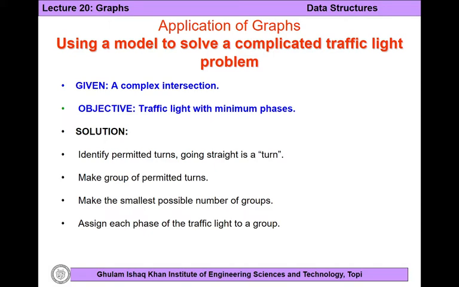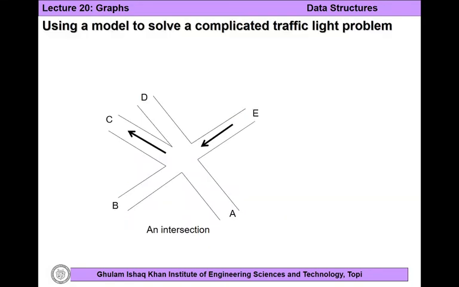Now, the problem which we want to solve here is that of the traffic light problem, right? What is the traffic light problem? For example, this is an intersection, and we want a traffic signal to be placed here, right?